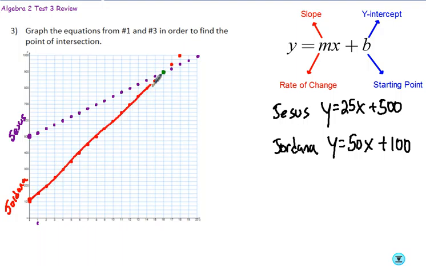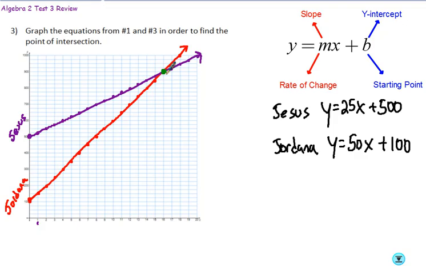So Jordana catches up and passes him, and here's Jesus. So this, again, is a good visual of this idea of slope being the rate of change, of being the steepness. Jordana had a larger slope, and so that's why that line was steeper.